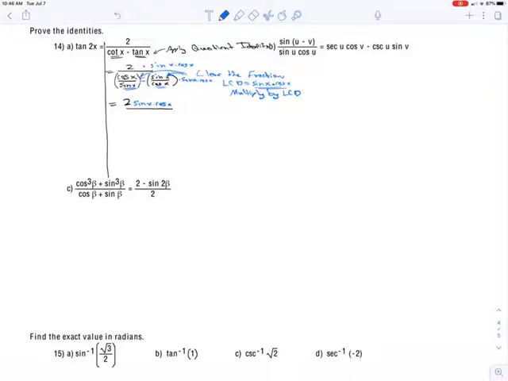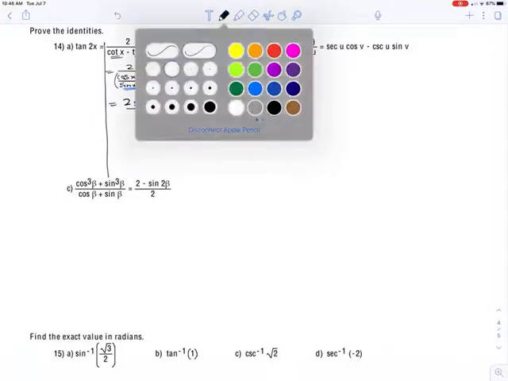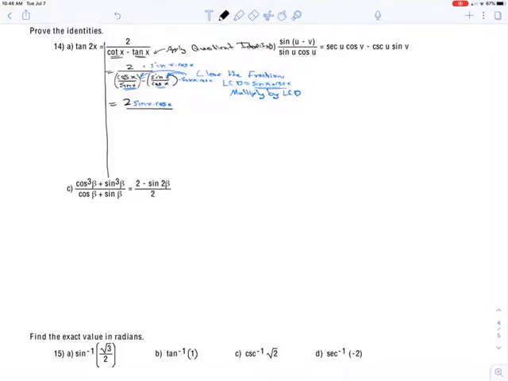Now we multiply cosine x over sine x times sine x cosine x. The sines divide out, and that will leave me with a cosine x times cosine x. The sine x's cross out here, so we distribute. So it leaves you with cosine times cosine.